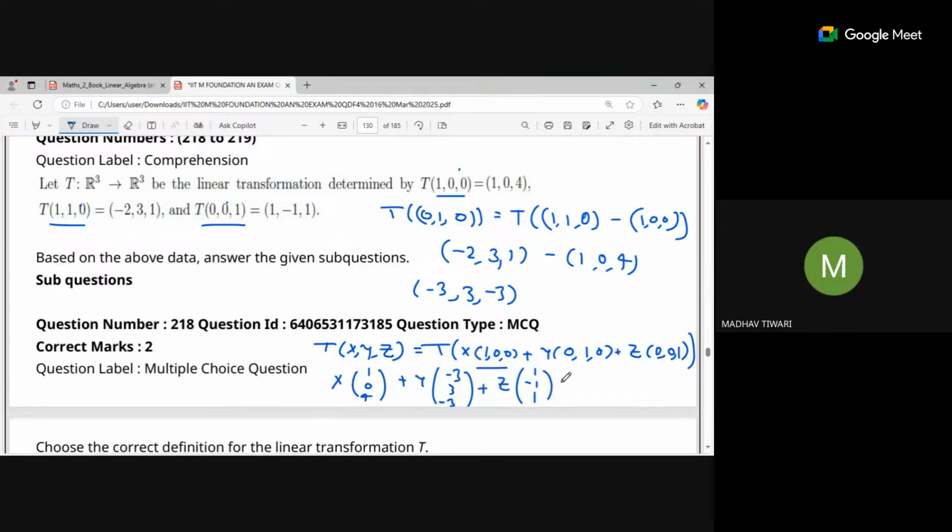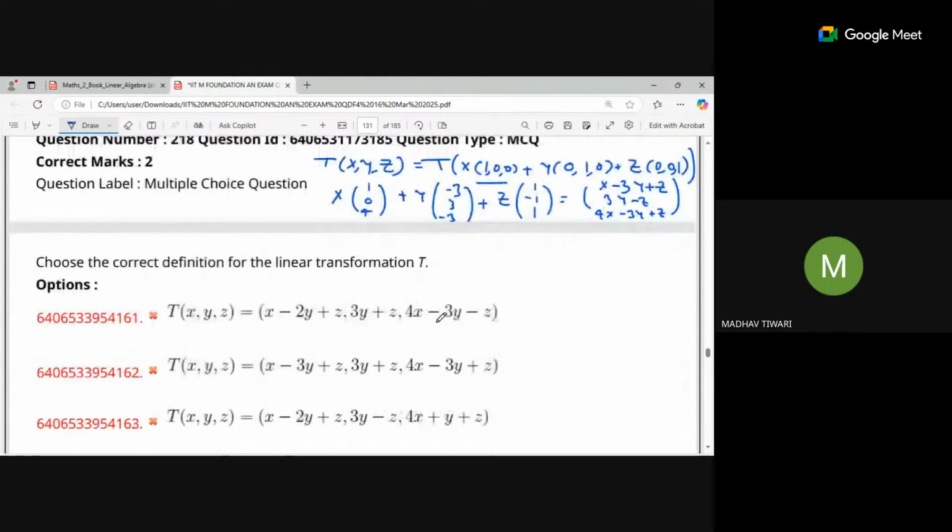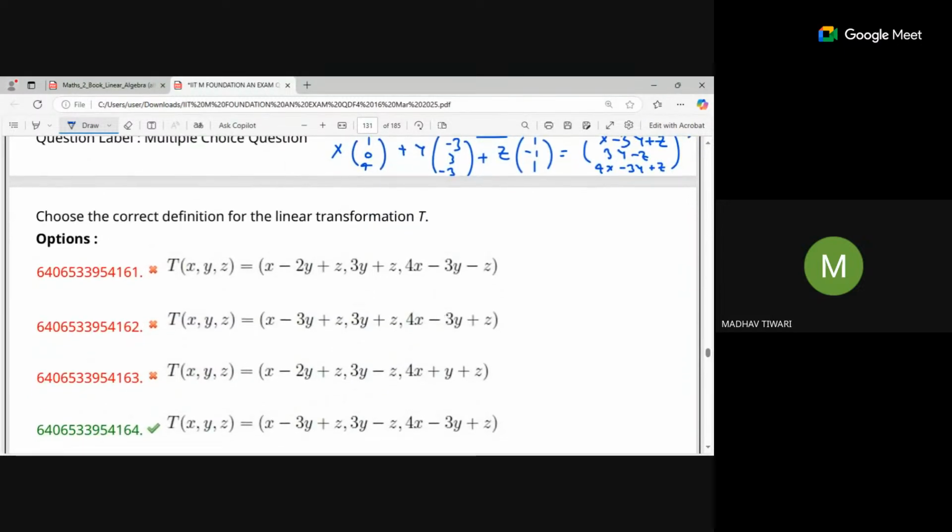If you add these three, the first component is x minus 3y plus z, the next is 3y minus z, and the third is 4x minus 3y plus z. Is that okay? Yes, sir. Now let's check: x minus 3y plus z, 3y minus z, 4x minus 3y plus z. So this one is correct.